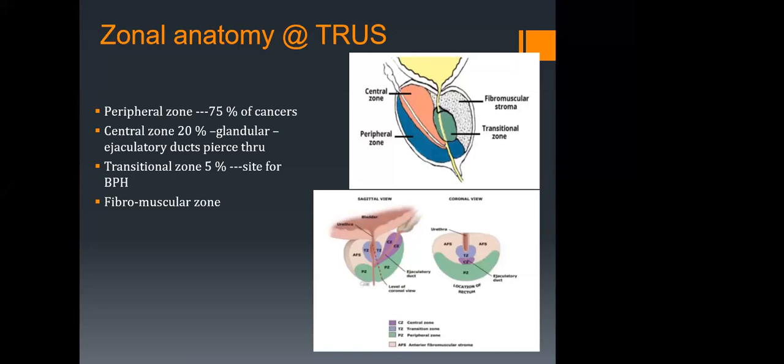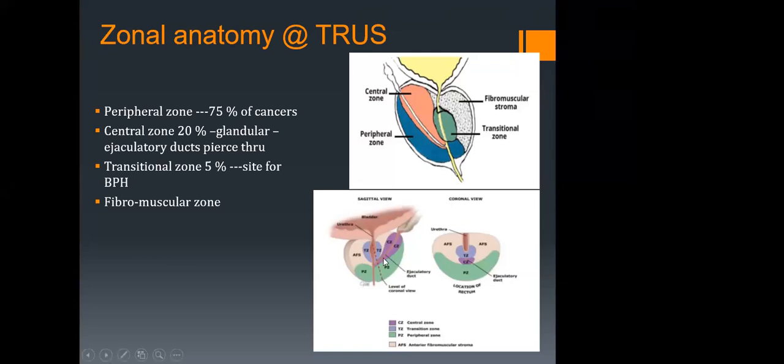But in truth, there are advanced probes with more than two planes. You get images in sagittal, coronal, and axial. Particularly for this discussion, we are going to look at the sagittal and the coronal, just like you see in these images here.